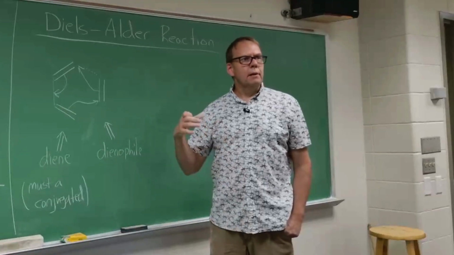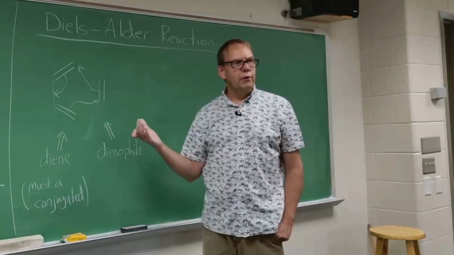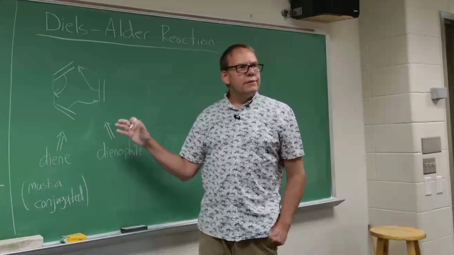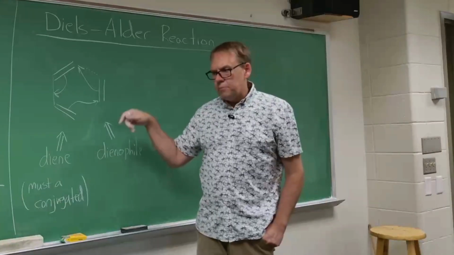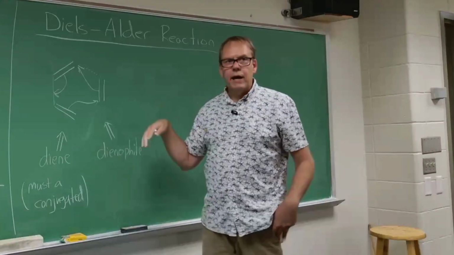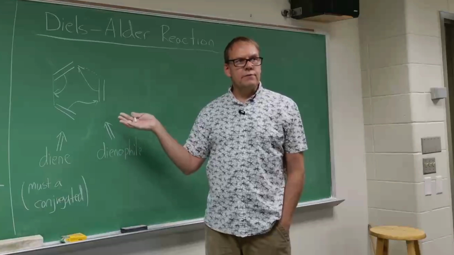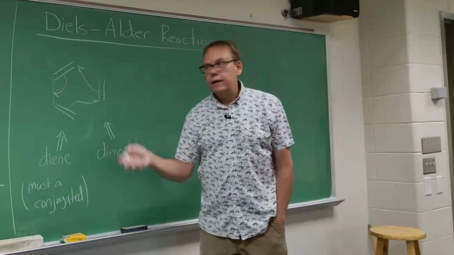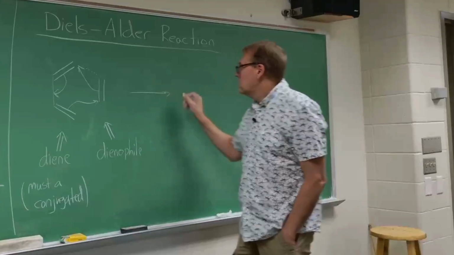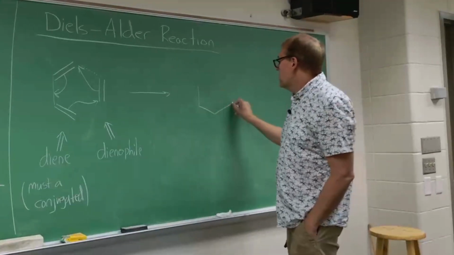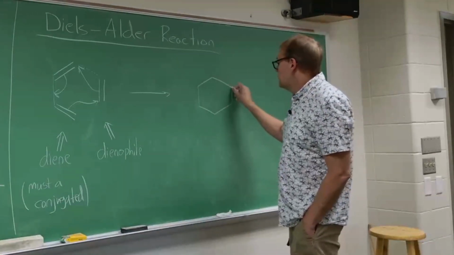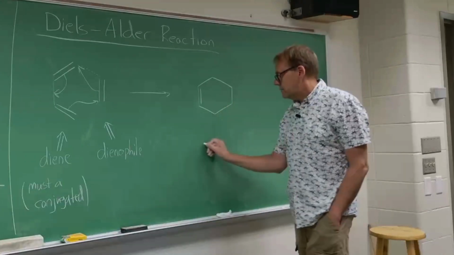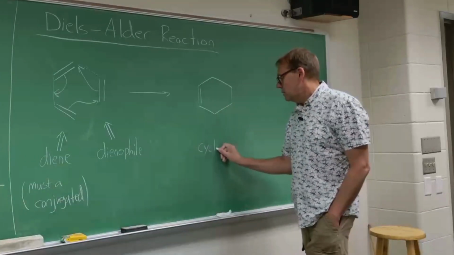So it's pushing the electrons around in a circle. Like I said, they all move at once. It's not like it happens in sequence like that, but this is the way we're going to predict what bonds form and what bonds break. And we're going to end up with the ring. The ring is going to look like this. It's going to be a cyclohexene.